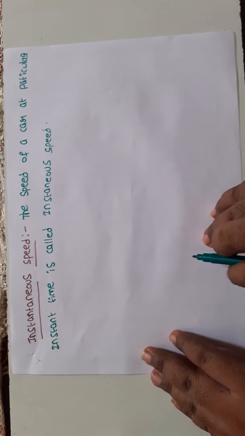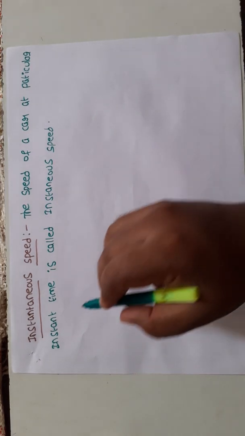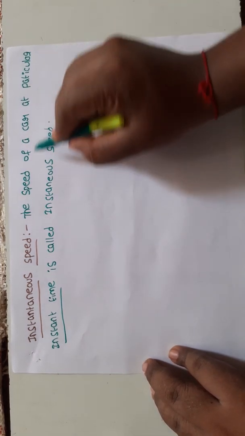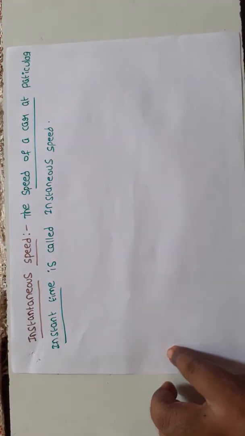So at a particular time or instant, we find the speed of the car by using the instantaneous speed.